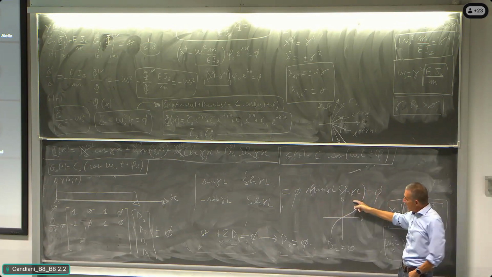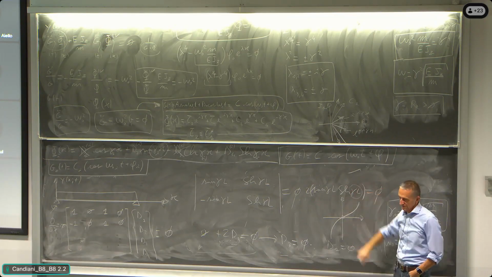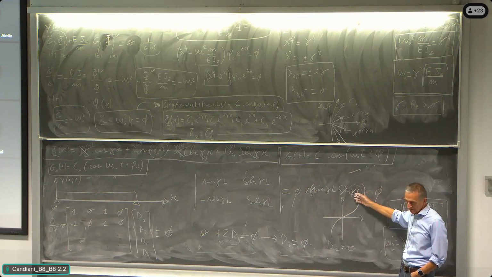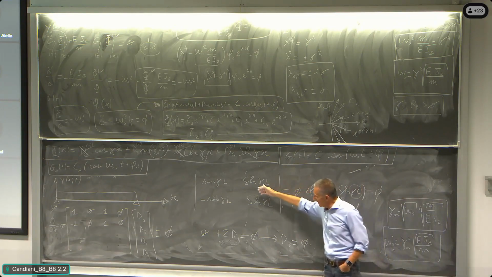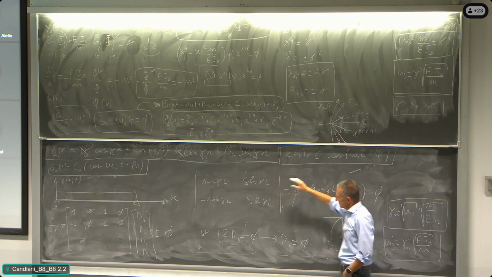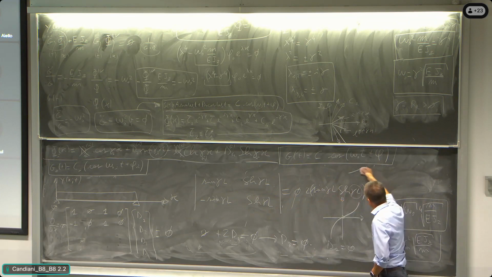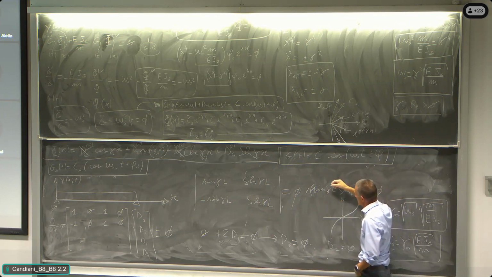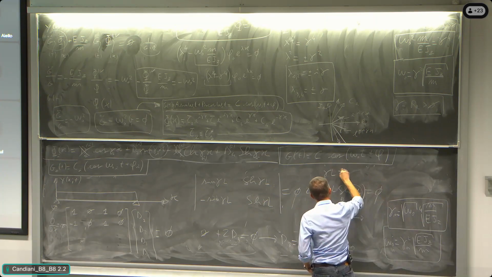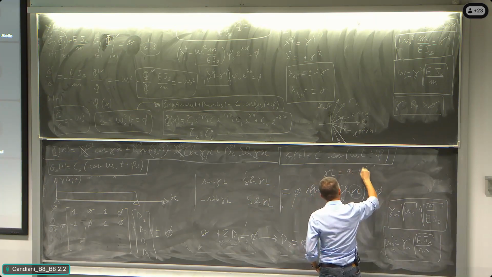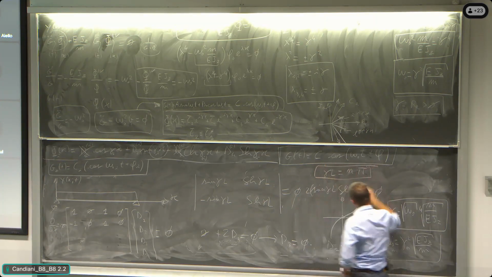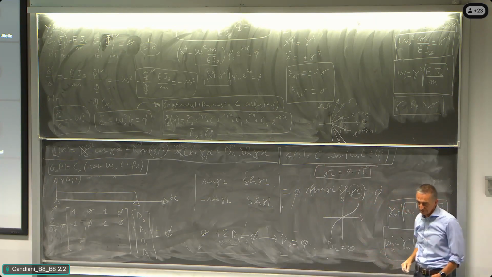The hyperbolic sinus is null just when the argument is 0, so it is never null here. So the only way to have this determinant null is that sinus gamma L is null. And the solution in order to have sinus gamma L null is gamma L equal n pi. That is exactly the same solution that we had for the tensional cable.